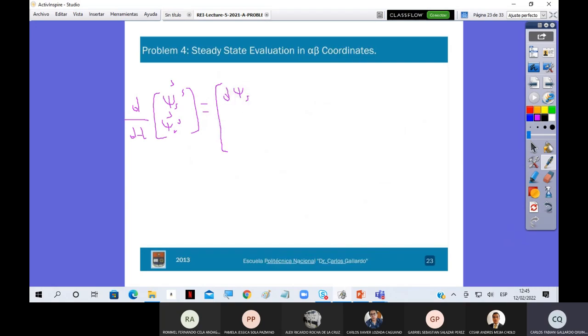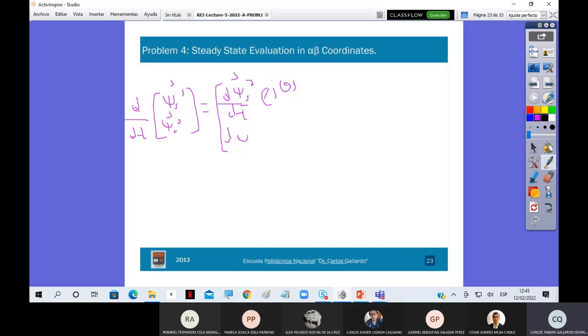This is the synchronous reference frame, times theta s.